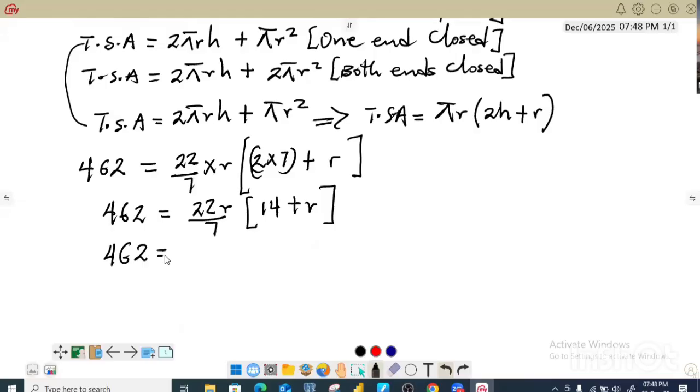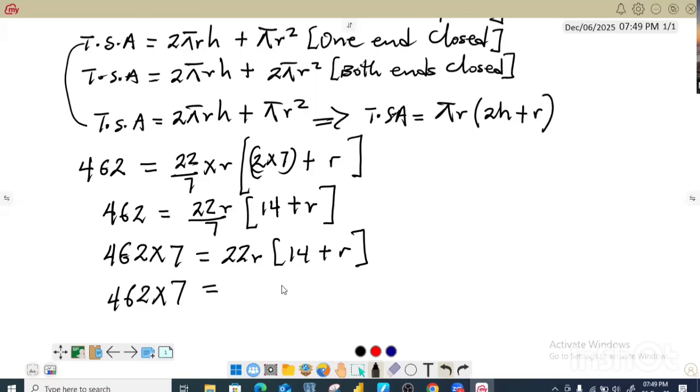Let me just cross multiply straight away. 462 multiplied by 7 equal to 22r into 14 plus r. Multiplying out, we get 308r plus 22r squared.